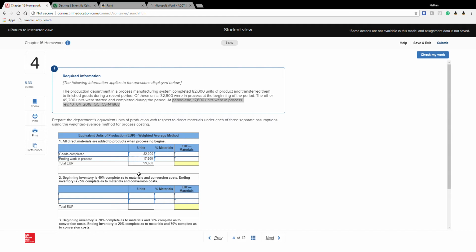Now, again, we want to check out percentage of materials. So with this question, it's going to have all these different scenarios. Again, scenario number 1 says all direct materials are added to the product when processing begins. So if all the direct materials are there, we know that's 100%, and of course this is the easy one.